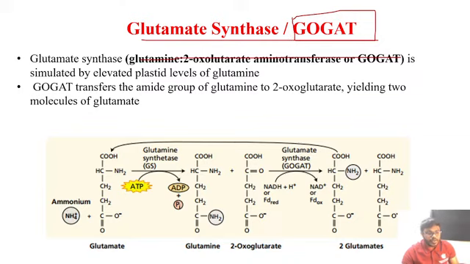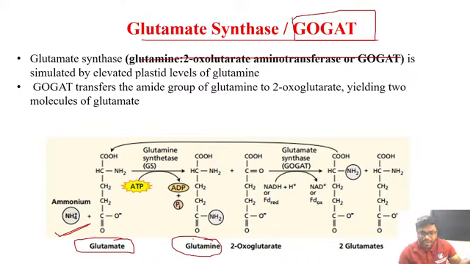Now just listen to me. Just now, in the previous step, I added ammonium to the glutamate and converted it into glutamine. That is what I have done in the previous step by the enzyme glutamine synthetase.